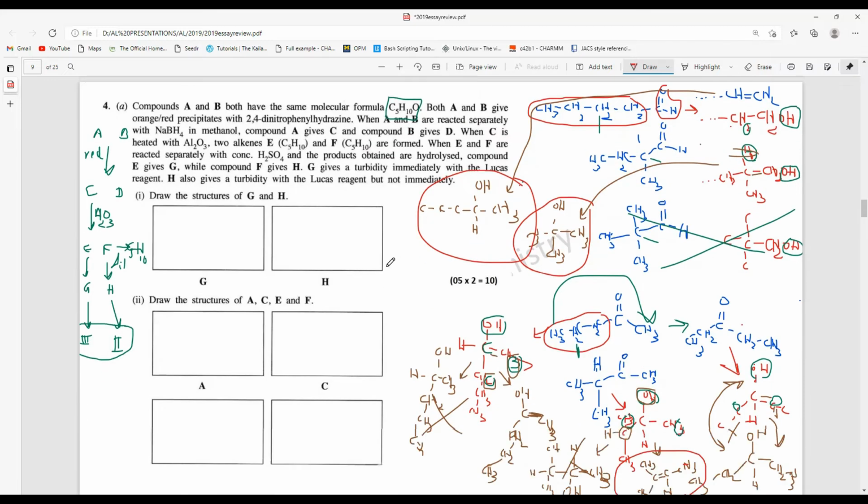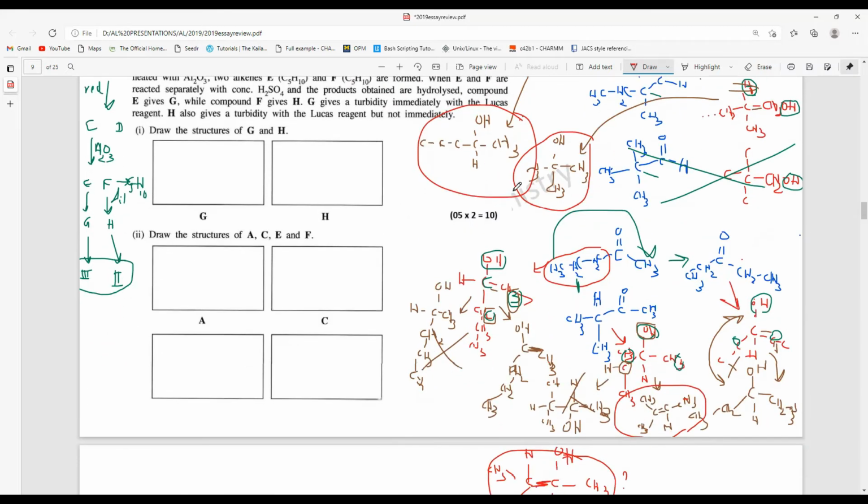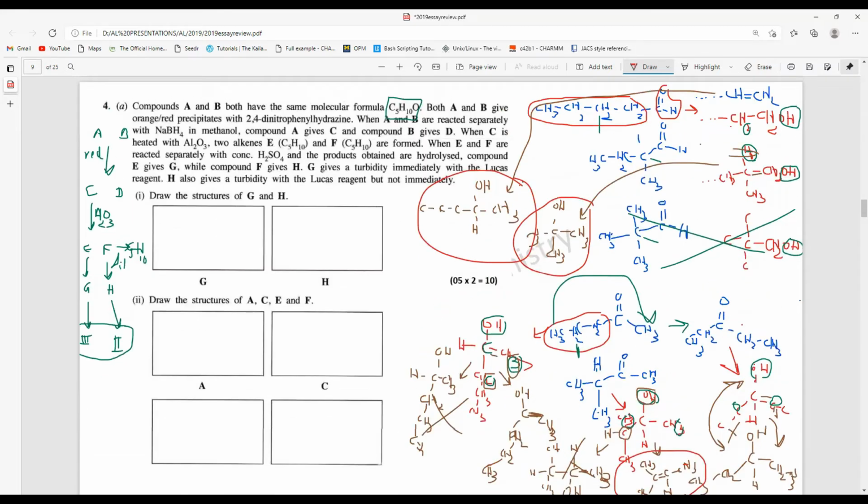Sorry again. This is the tertiary structure, and this is the secondary structure that is going to be present in our structure. So basically, for the tertiary structure, there should be another carbon here. 1, 2, 3, 4, 5.